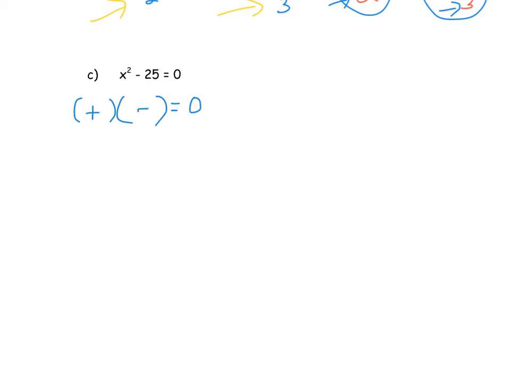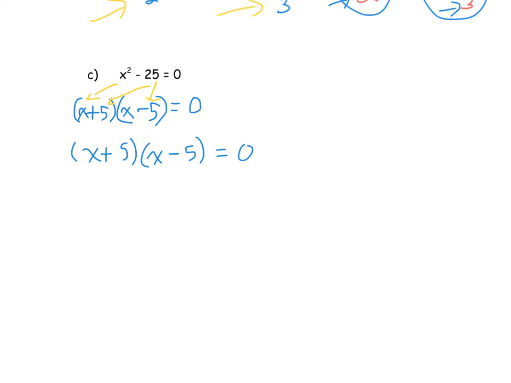I take the square root of the first term, which happens to be x, and the square root of the last term, which happens to be 5, and put each of those in the brackets. Let me write that a little bit more neatly. So x plus 5 times x minus 5 equals 0. And there's my difference of squares.